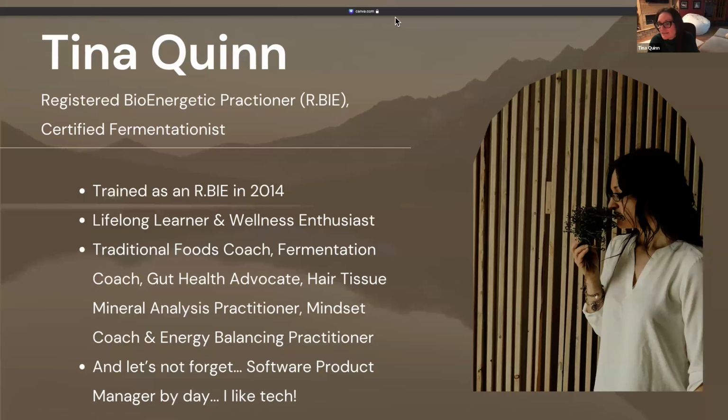Then I certified as a fermentationist, and I just kept going. I'm a lifelong learner, and hair tissue mineral analysis helped me detect his autism early. Now that I've learned about this distance technology, it's a beautiful thing to be able to work with your family, whether they're in the house or away, and then other clients.